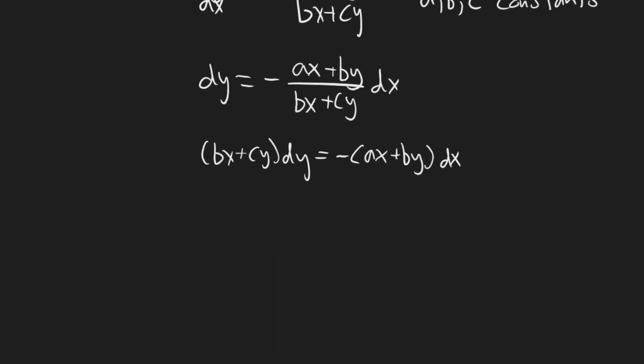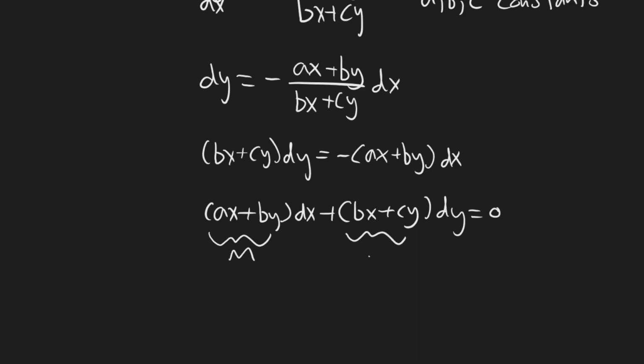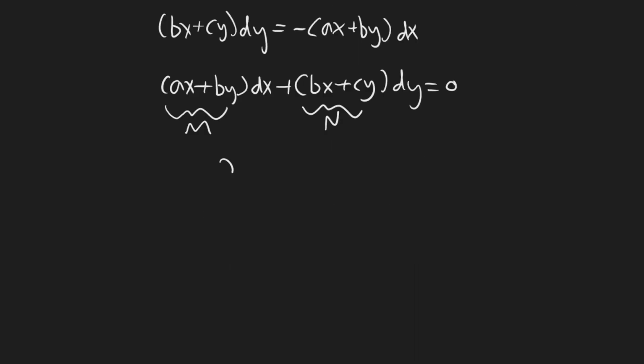And now we'll bring the dx onto the left side, and then we should have ax plus by dx plus bx plus cy dy equals 0. And then now it's clear that this could be exact, and that if so, this is m and this is n. So does partial m partial y equal partial n partial x?